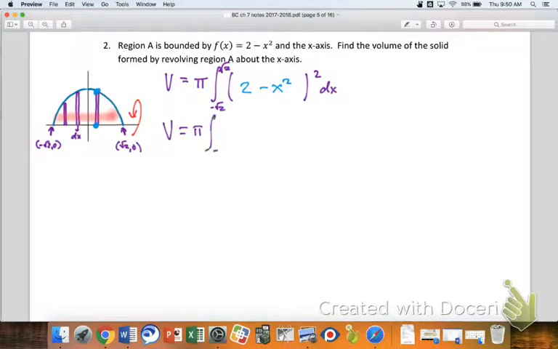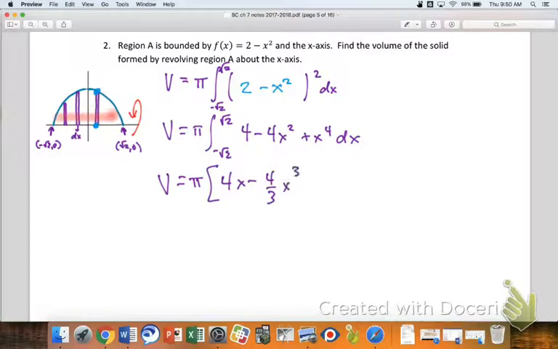So let's see here. Integral from negative root 2 to positive root 2. If we FOIL it, it's 4 minus 4x squared plus x to the 4th. Then we go term by term and do our antiderivative. So it'd be pi times 4x minus 4/3 x cubed plus 1/5 x to the 5th, evaluated from negative root 2 to positive root 2.